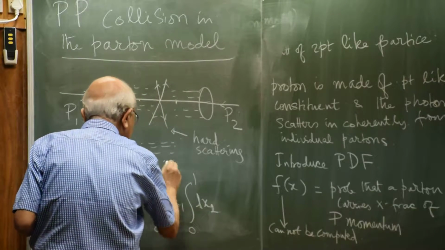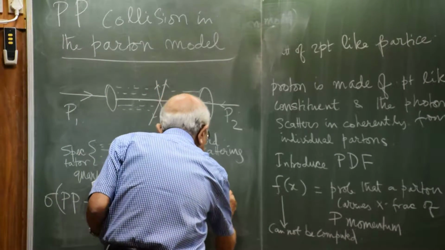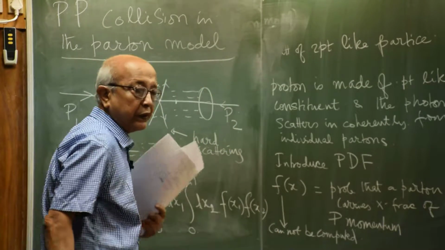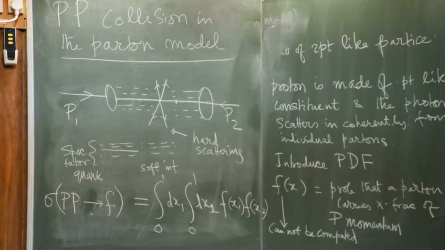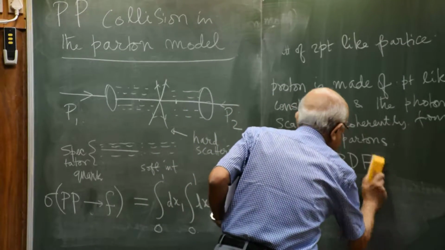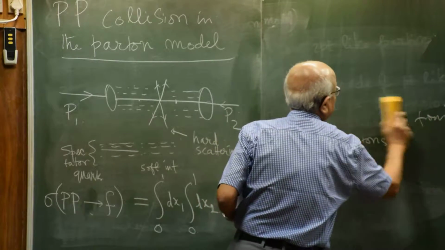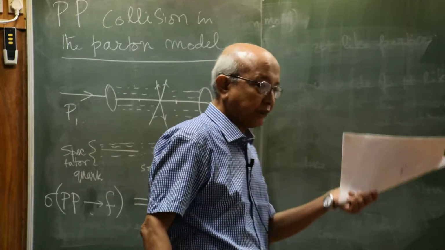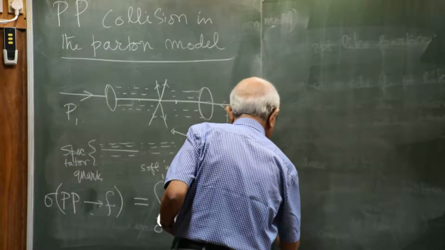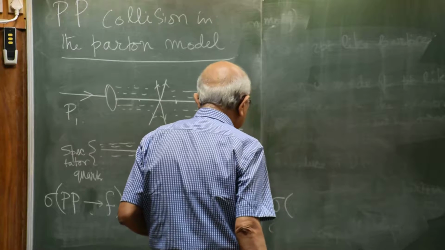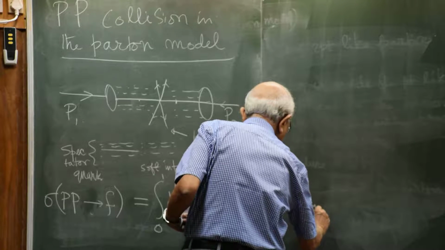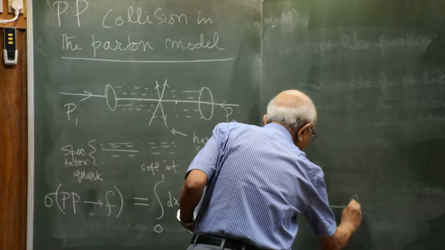the integration over the x variable, the Bjorken x, then f(x1), f(x2), and then sigma going to photon to the final state.